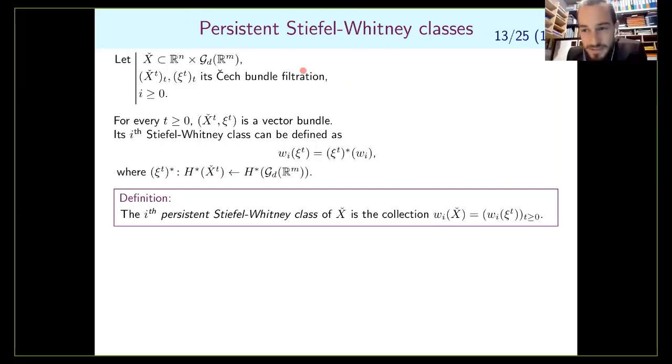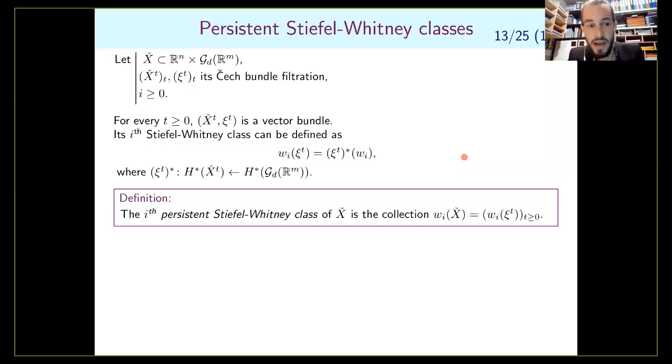All right, we have X check, a subset of the product, and we can consider the thickenings and the extended maps. Now, for every T, the T thickening is endowed with a vector bundle structure, thanks to the map psi T. And so we can consider its Stiefel-Whitney class. I recall that the ith Stiefel-Whitney class of this vector bundle is the image in cohomology of the class Wi, which is an element of the cohomology of the Grassmannian.